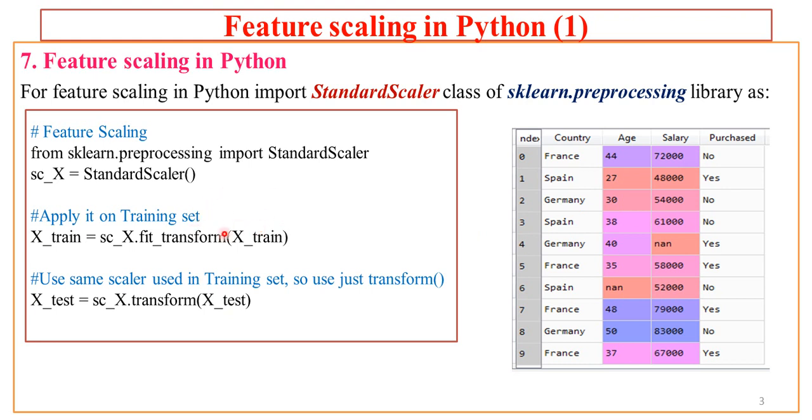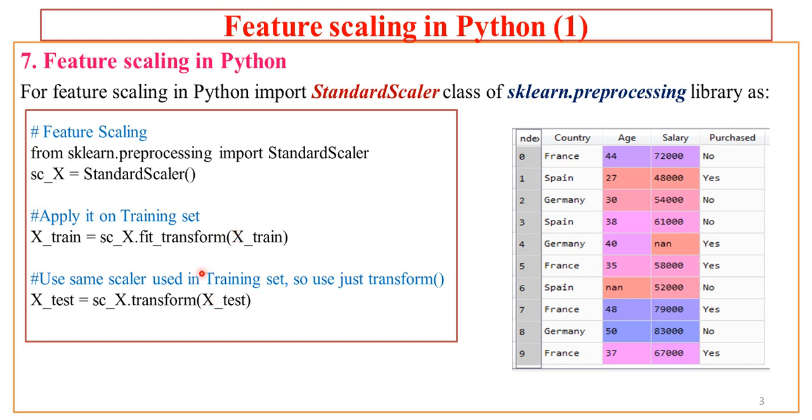So whatever mean we found in the training data set, that is on the 8 records, 80% records, whatever standard deviation we have calculated on those 8 records, the same standard deviation and mean is to be applied to the remaining 20% test records, so that our model will be able to do prediction on newly arrived data properly, with the same scale which it had at the time of training.